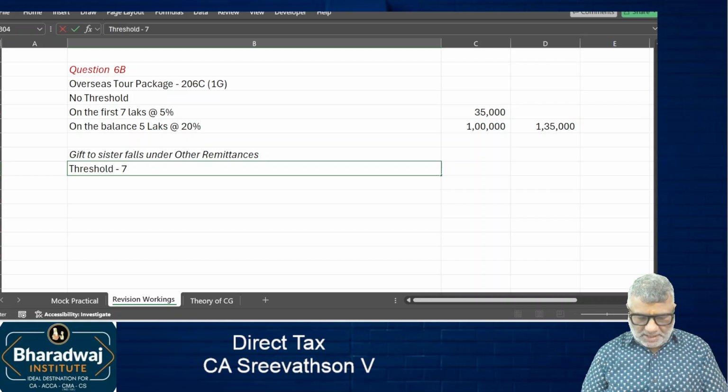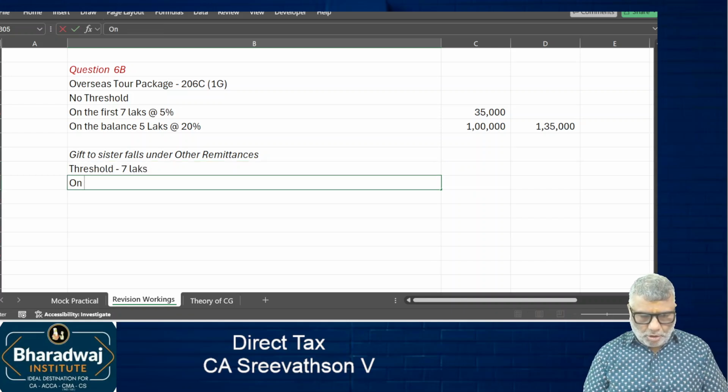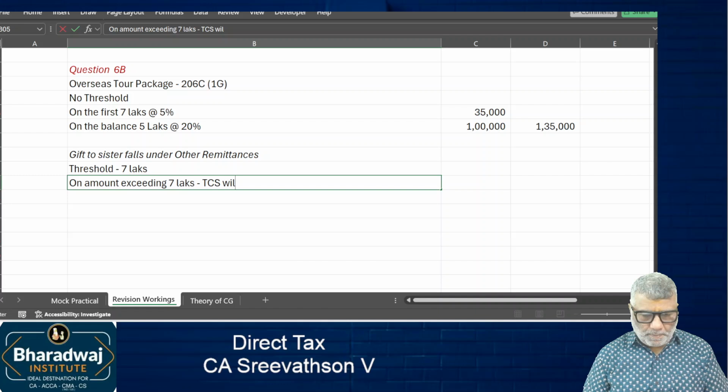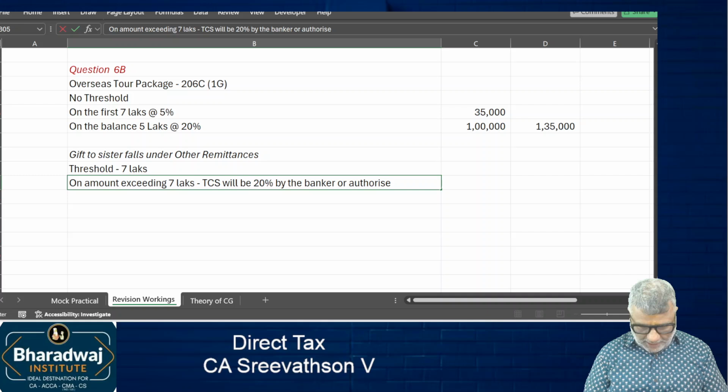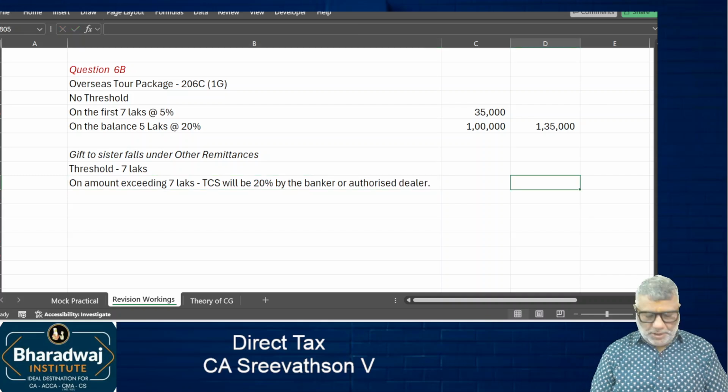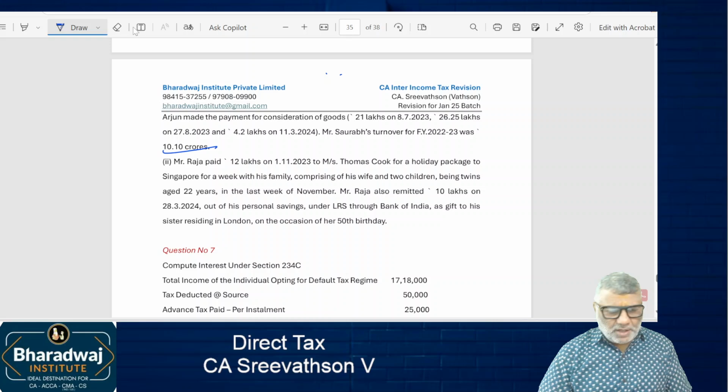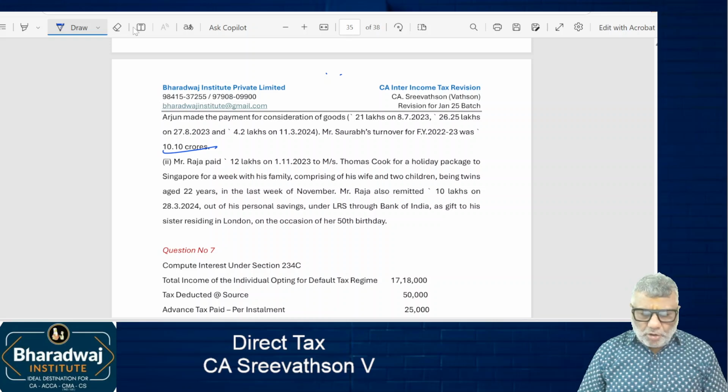Threshold 7 lakhs. On amount exceeding 7 lakhs, TCS will be 20% by the banker or authorized dealer. So in this case, he has remitted 10 lakhs.